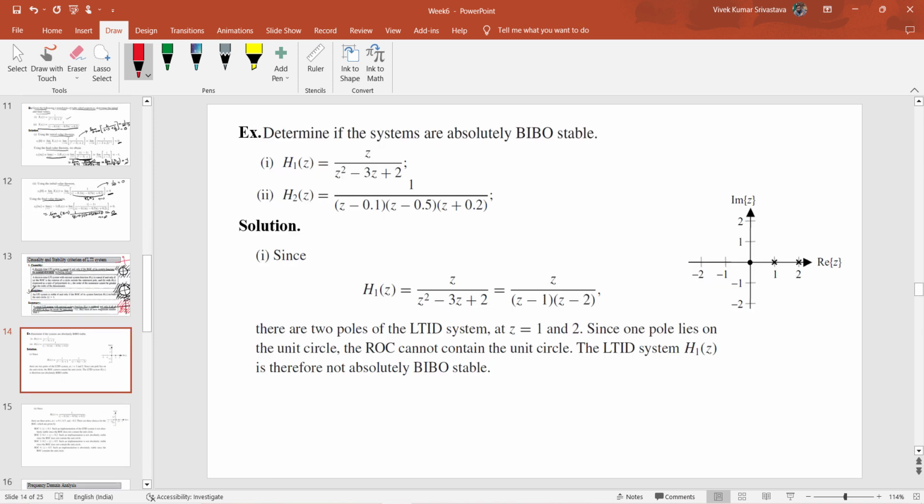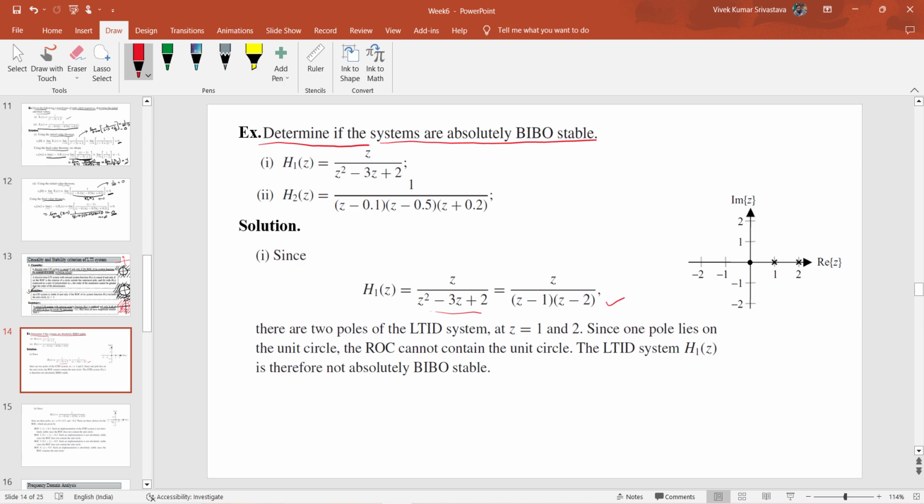So let us move ahead and take some problems to check whether a system is stable or not. Here we have to determine whether the given system is BIBO stable or not. H1 is given as z over z squared minus 3z plus 2. We first factorize the denominator, so this can be written as z over (z minus 1)(z minus 2).